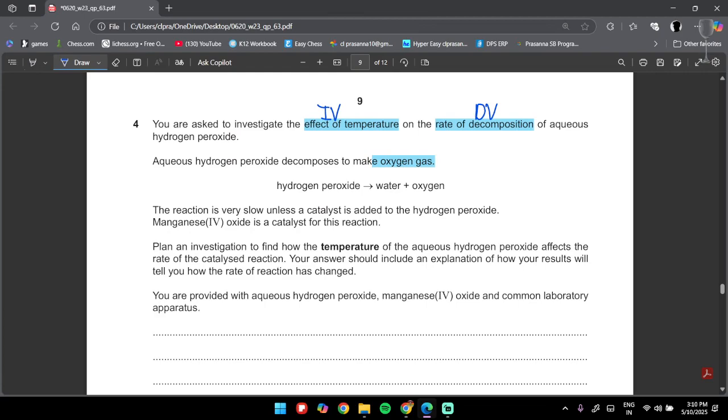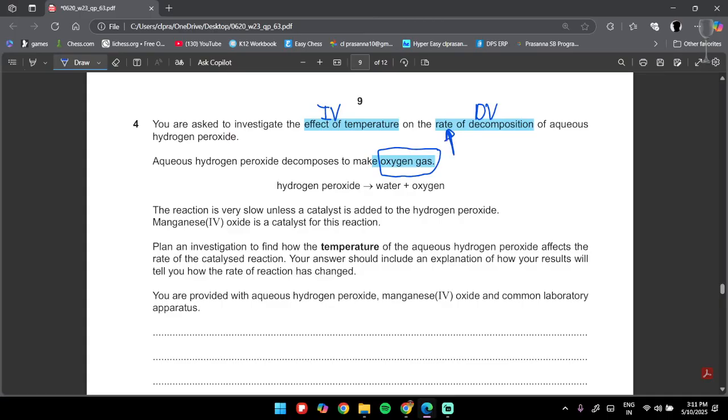But you know that the dependent variable is something that you measure. And what is it that I'm going to measure? I can't possibly just measure rate of decomposition, right? I have to do something so that it becomes the rate of decomposition. For example, over here, we will measure how much oxygen gas is produced over time. Because it's a rate, right?